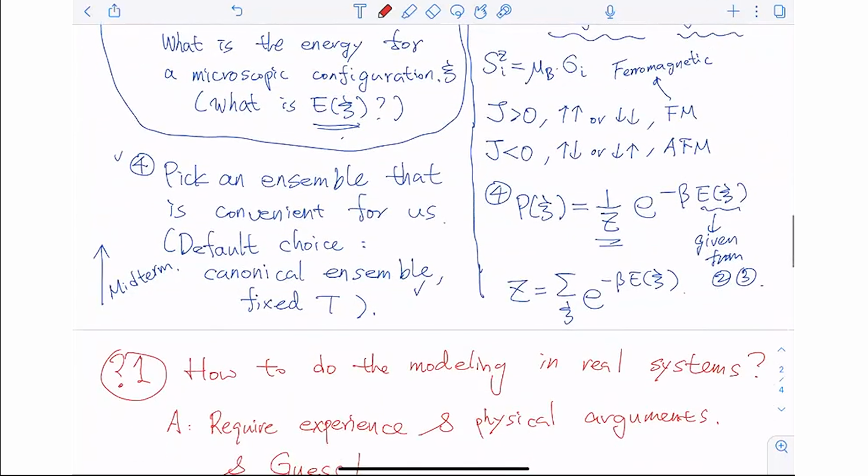And then maybe you will make some predictions based on statistical mechanics. Those predictions could capture some phenomena qualitatively correct, but maybe not quantitatively correct. And some of the phenomena might even be qualitatively incorrect.